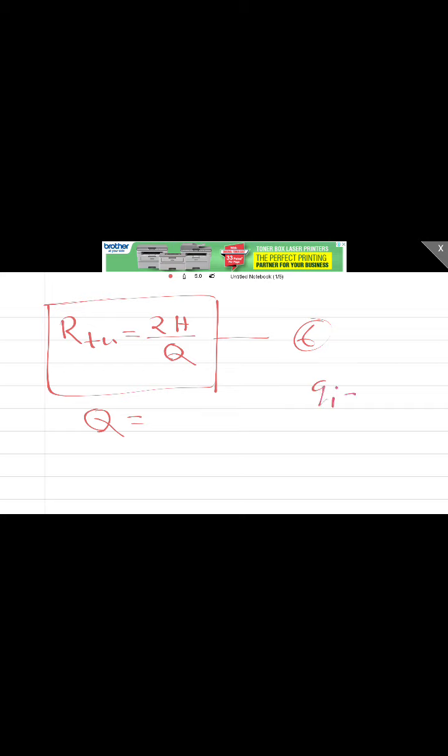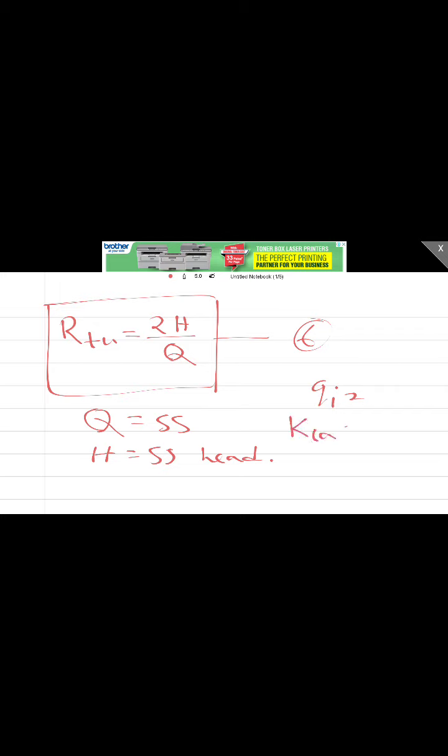Qi is also a liquid flow rate, but capital Q is the steady state liquid flow rate, and capital H is the steady state height or head, that is, the steady state liquid head.